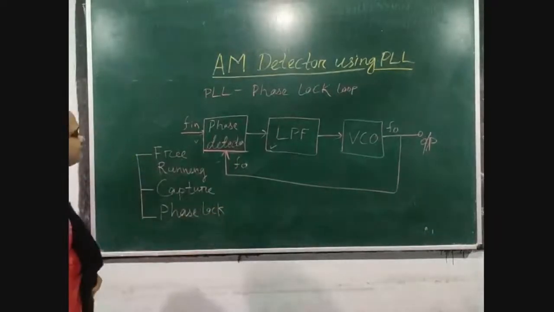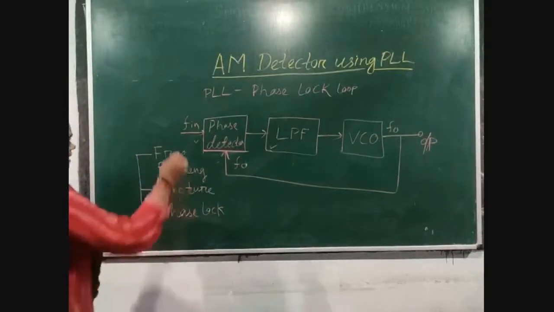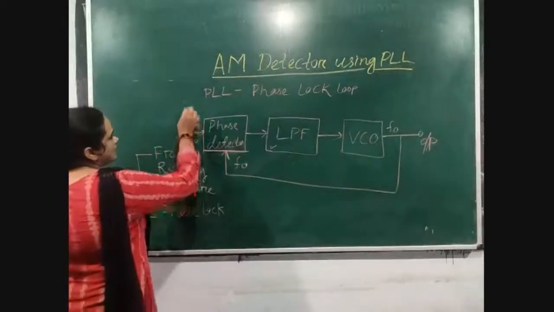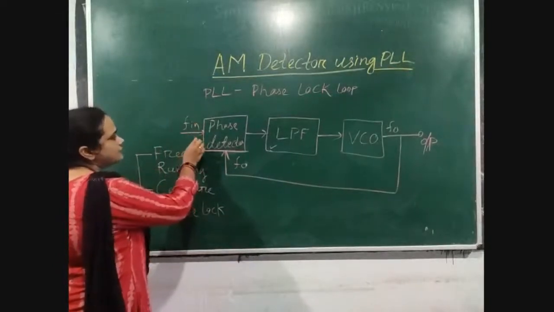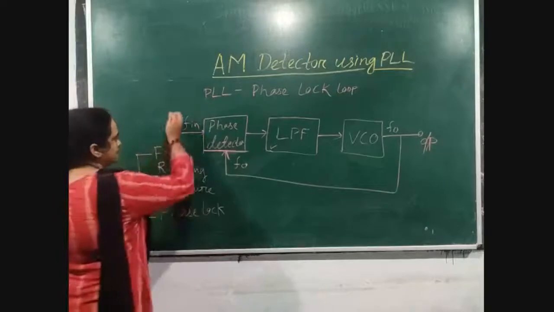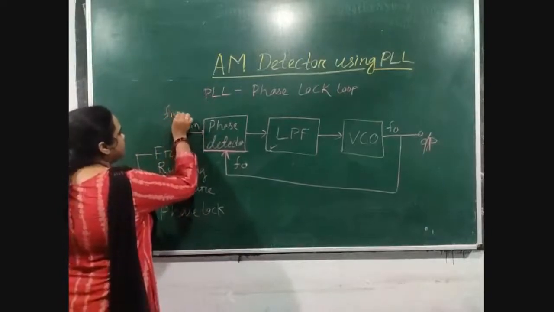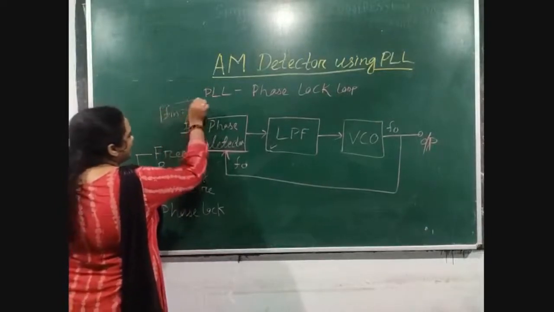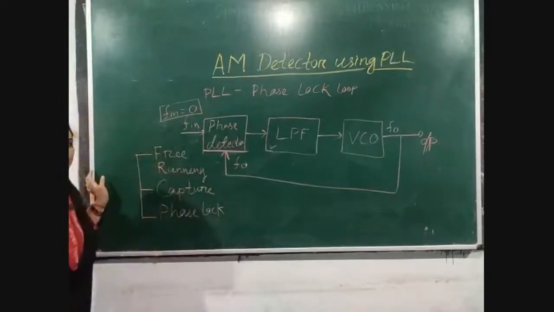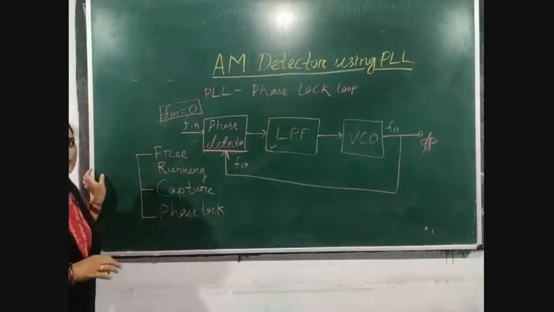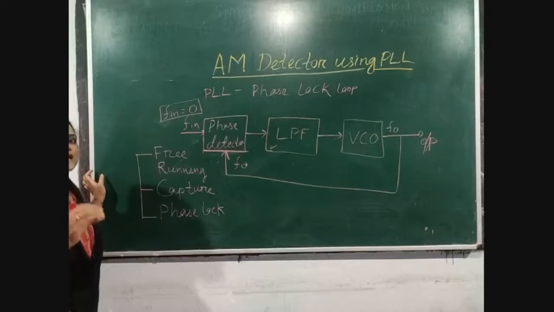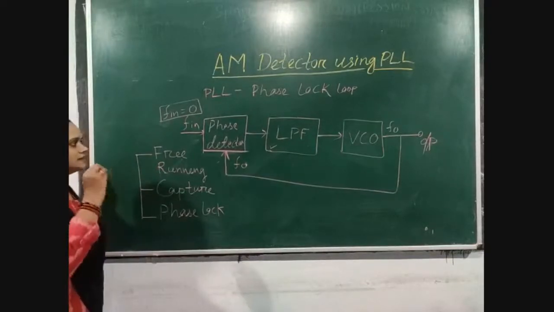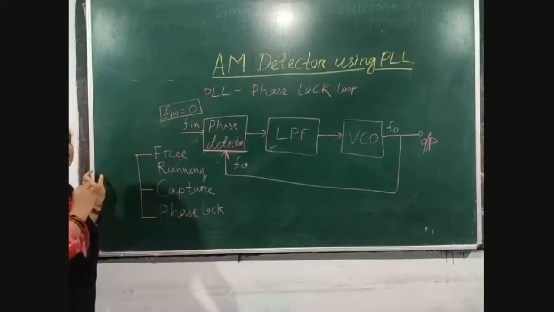So what is free running state? When we don't give any input to the phase detector, means when Fin equal to 0, at this condition the output of the VCO is a constant frequency signal. Then this state is known as free running state.